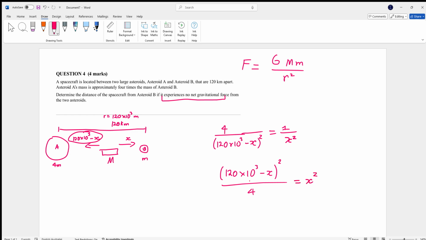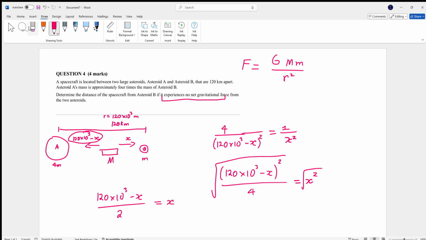Now I'm going to square root both sides to cancel it out. So you have 120 times 10 to the 3 minus x over, and if I square root 4, that turns to 2, equals x.